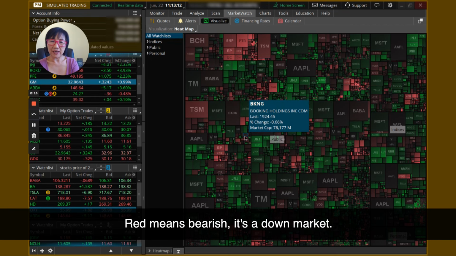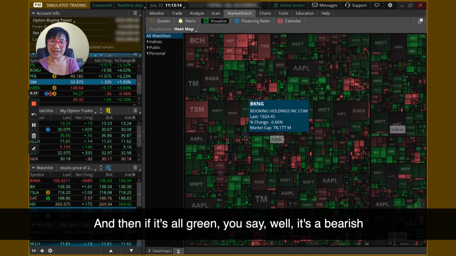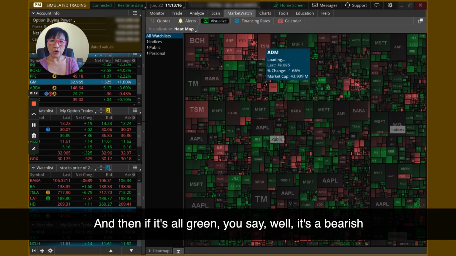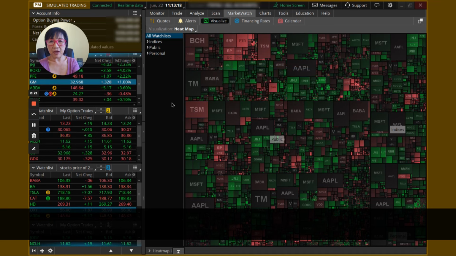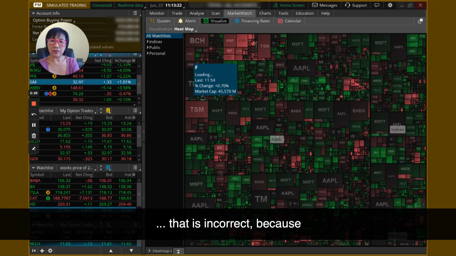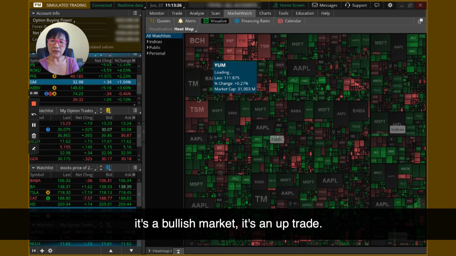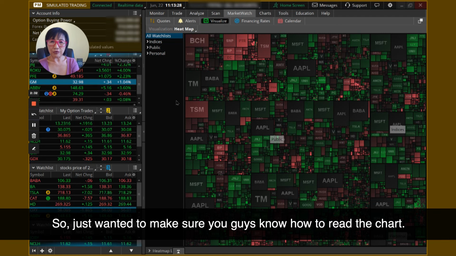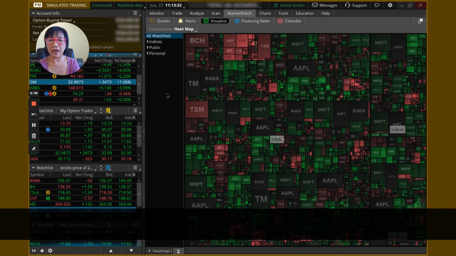Red means bearish. It's a down market. And if it's all green and you say it's bearish, that is incorrect, because green is a bullish market, an uptrend. I just wanted to make sure you know how to read the chart.